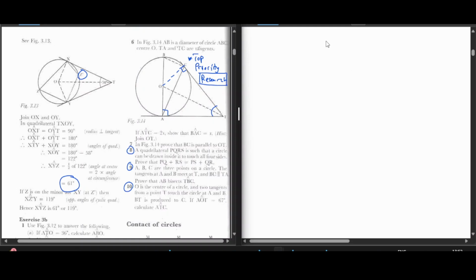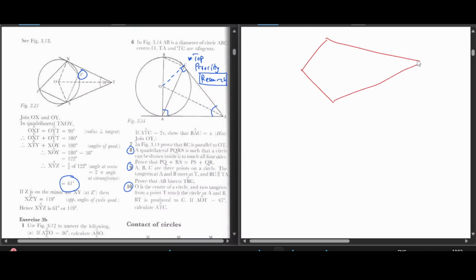The other thing which I hadn't shown you, on the properties of a kite, is this. My properties are that we have two diagonal lines, but the diagonal line here means this half is equal to this half.